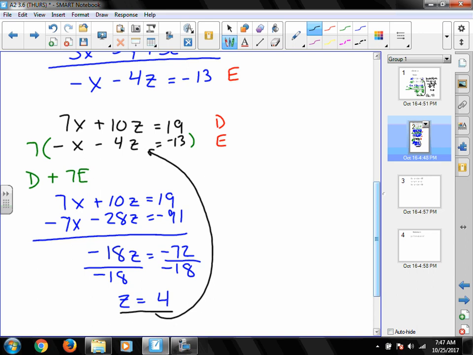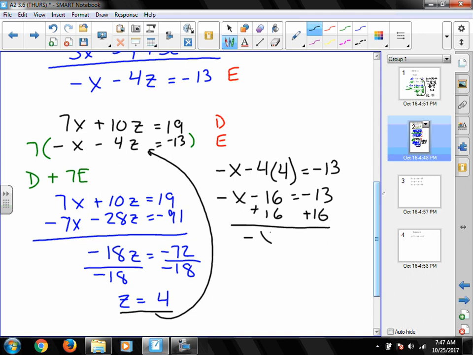So I end up with negative x minus 4 times 4, and that's going to equal negative 13. Negative x minus 16 is negative 13. Add 16 to both sides. I get that negative x is equal to 3. So that means x has to be negative 3.